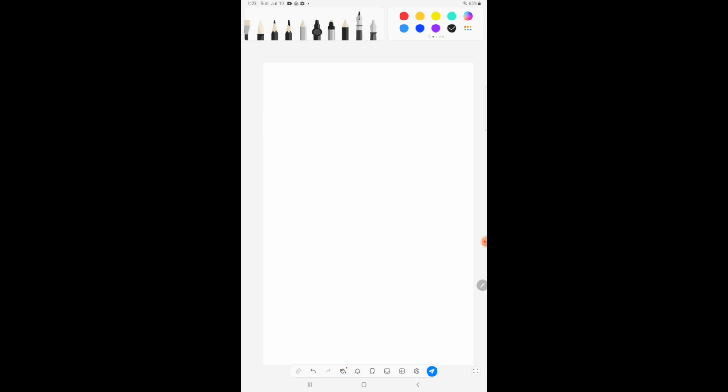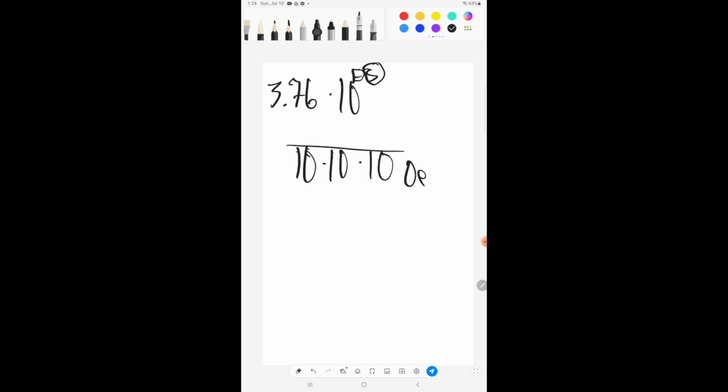So let's talk about negative exponents in scientific notation. So we have 3.76 times 10 to the negative third. So what this equals is we're still multiplying 10 by itself 3 times. So 10 times 10 times 10. The negative is signaling for us to put these 10s in the denominator.